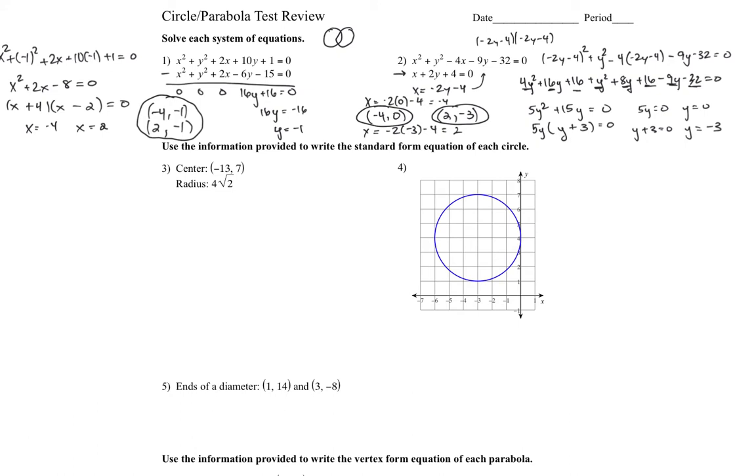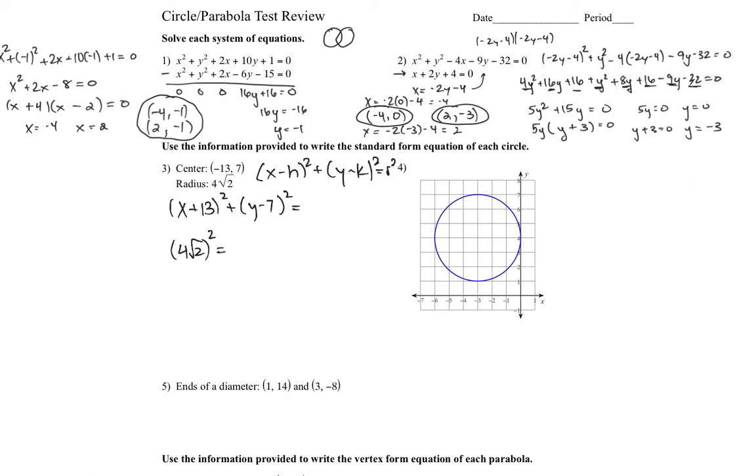The next part, we're going to bring up our equation for a circle, x minus h squared plus y minus k squared equals r squared. So really I'm going to be plugging into this equation. And so we're going to say x minus negative 13 squared plus y minus 7 squared equals, before I write it there, I know that I'm going to be doing 4 square roots of 2 all squared.